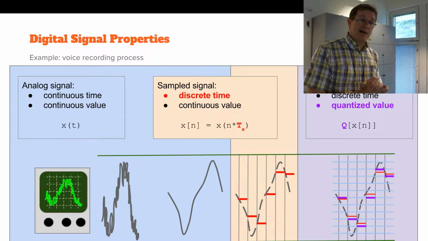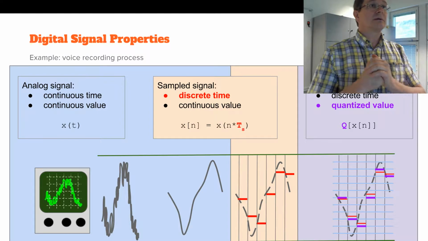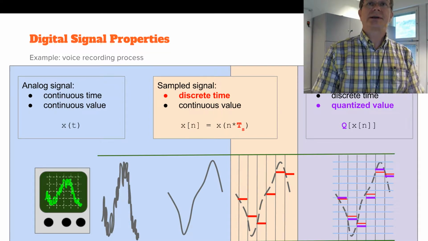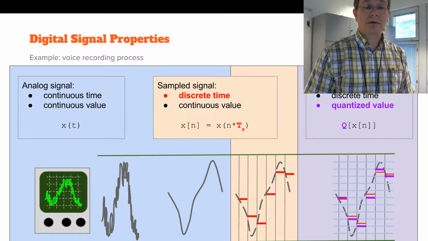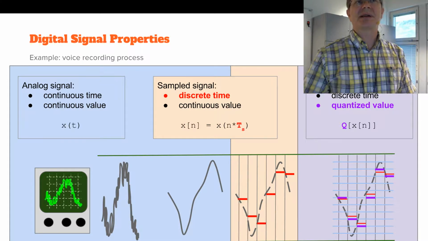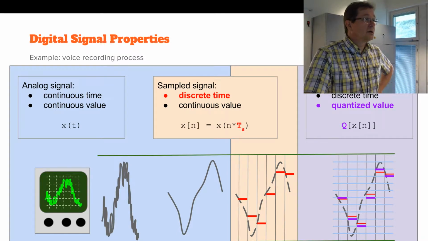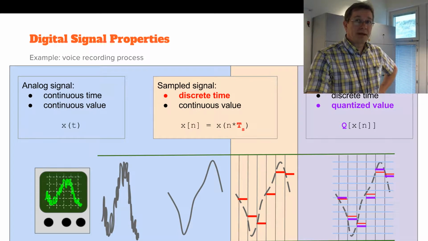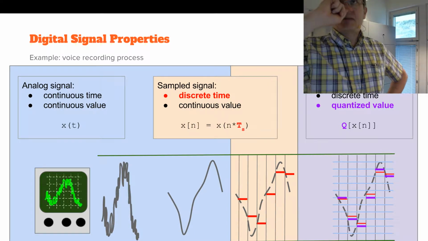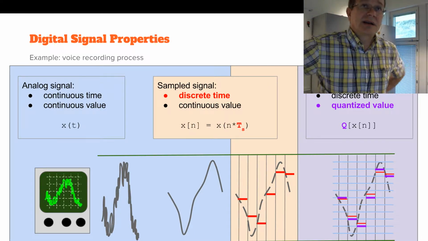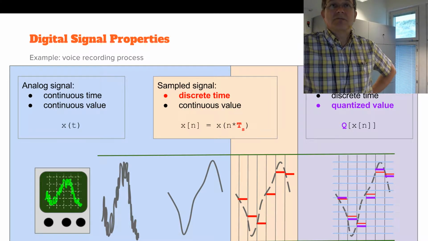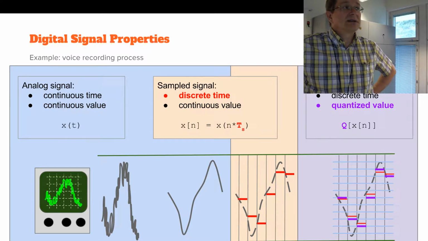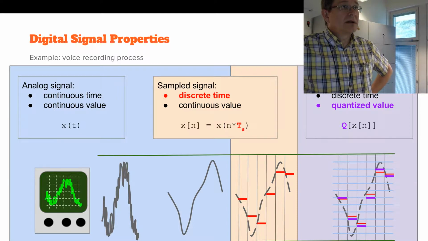The analog signal is more about electronics, analog electronics kind of thing. We are not taking that one into account too much. But the sampled signal is basically what we will be doing most of the time. We also visit the digital signals in the sense that if the rounding errors start to be remarkable, then we have to handle them as quantized value signals.